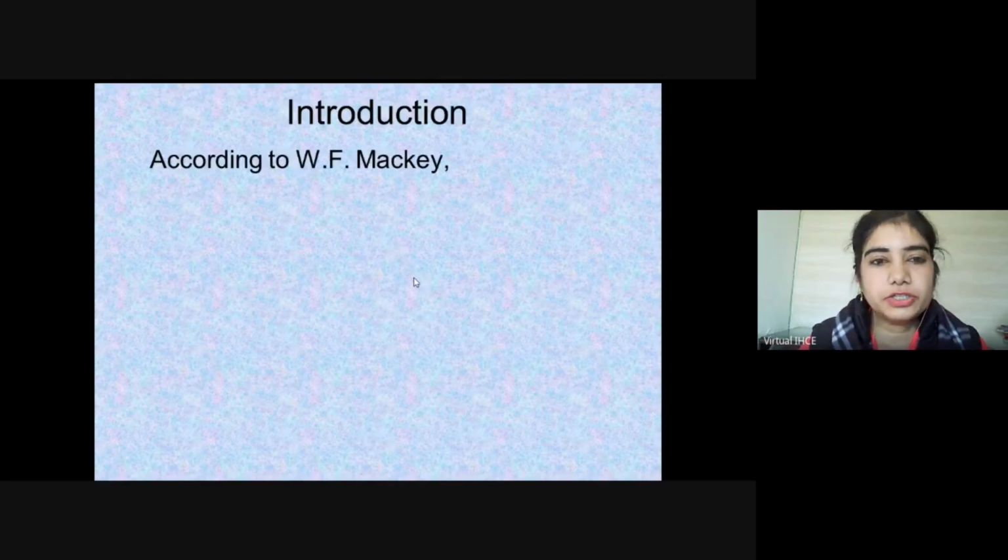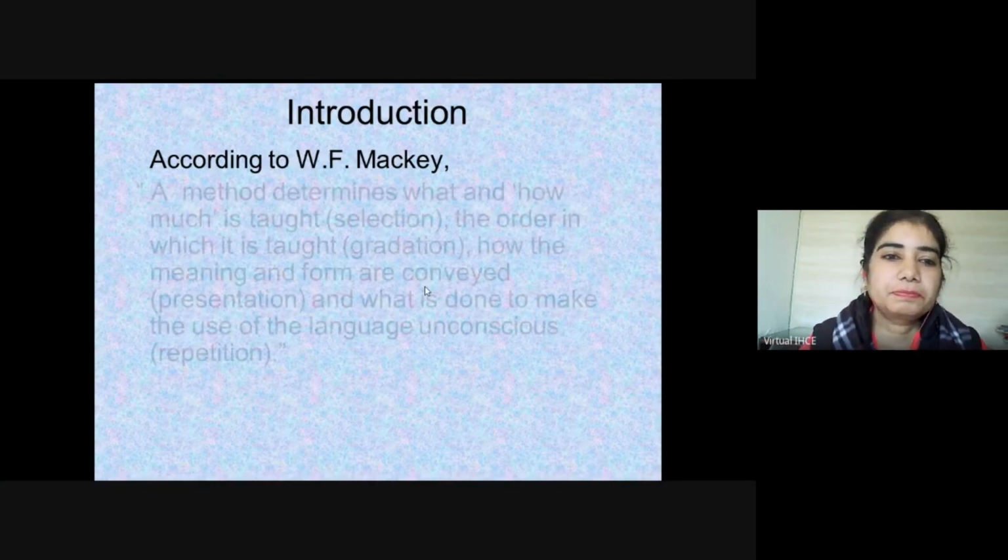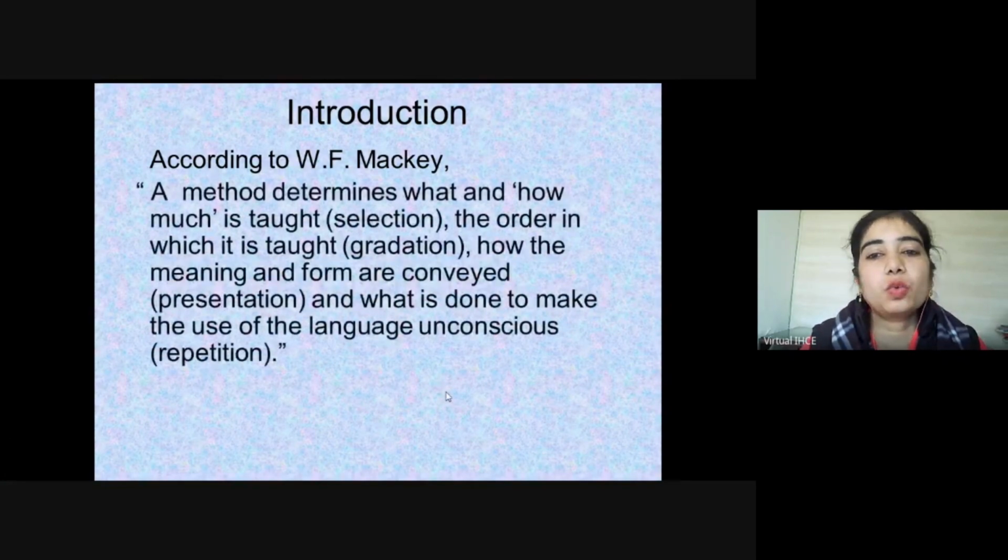In the introduction, you can write, according to W.F. Mackay, a method determines what and how much is taught, selection, the order in which it is taught, gradation, how the meaning and form are conveyed, presentation, and what is done to make the use of language unconscious, that is, repetition.